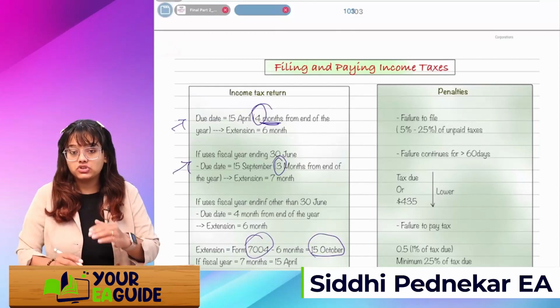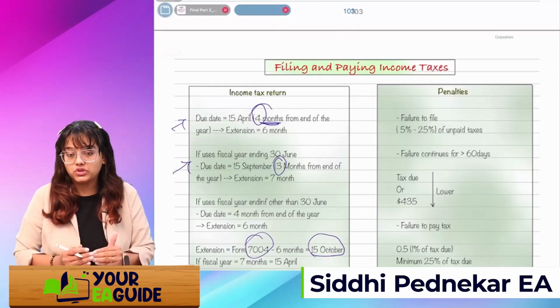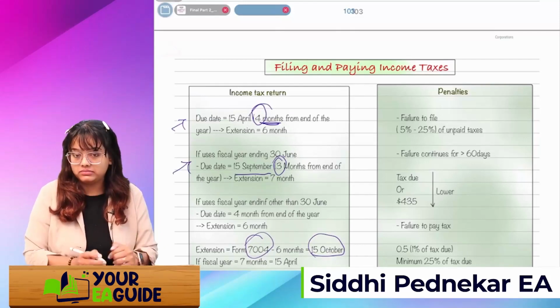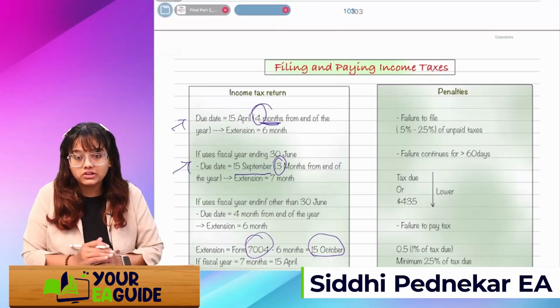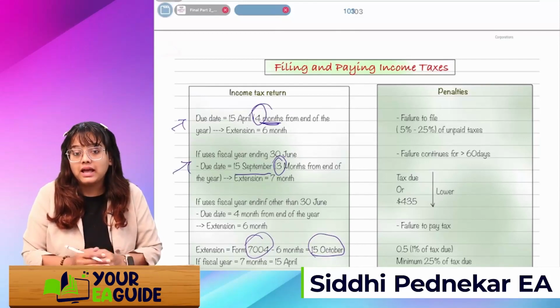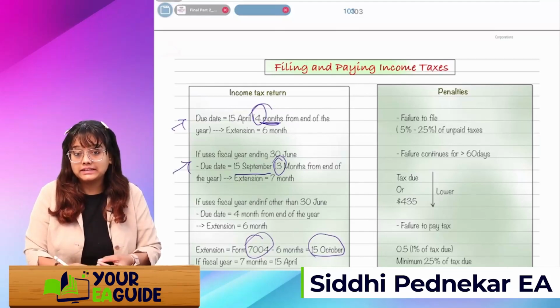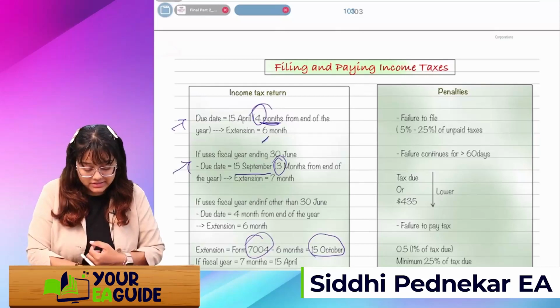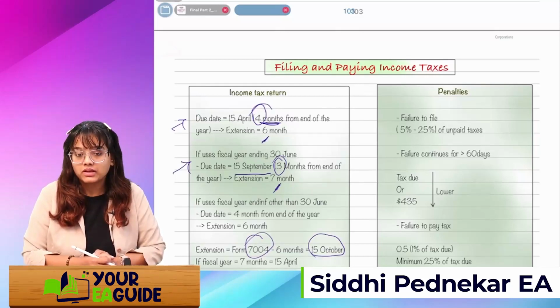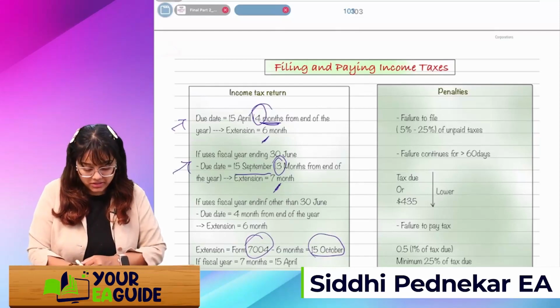From 30th June, you calculate 3 months, which is 15th of September. Here, 4 months is not taken into consideration. And if they don't file by 15th September, they can extend it, but not 6 months, they'll get an extension of 7 months. Got it? Just remember this rule.